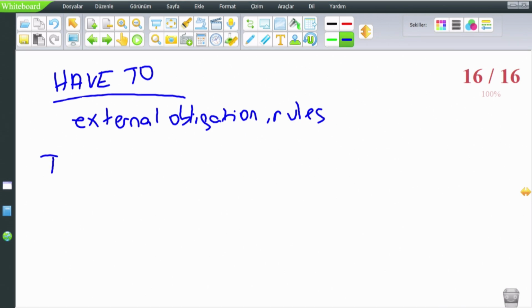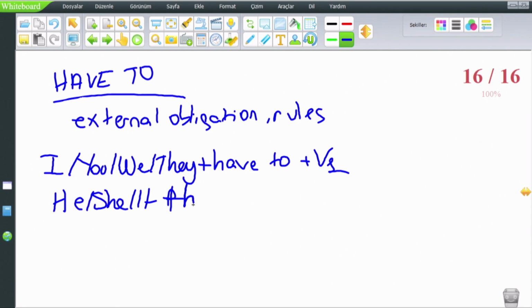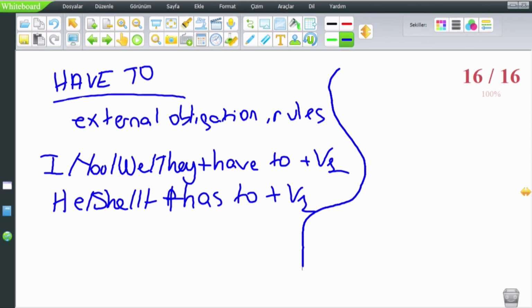Because with subjects I, you, we, they, we use have to, and then verb 1. After he, she, it subjects, we use has to and verb 1.